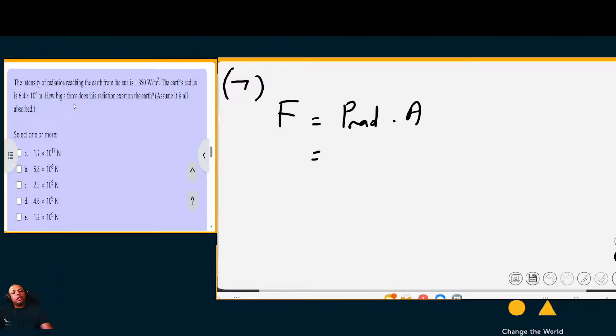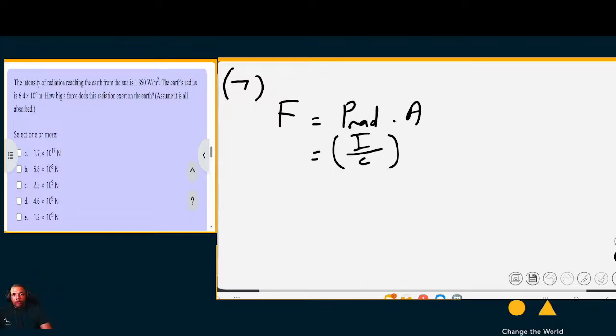Now, since the radiation is all absorbed, we can calculate the radiation pressure. By the way, this is another way you can deal with the previous problem. The radiation pressure can be calculated as the intensity over the speed of light.